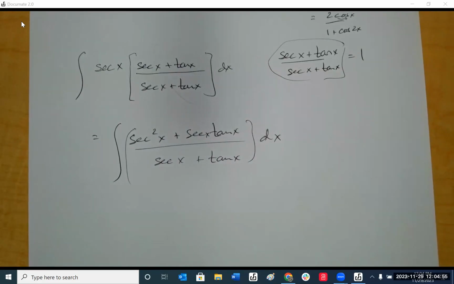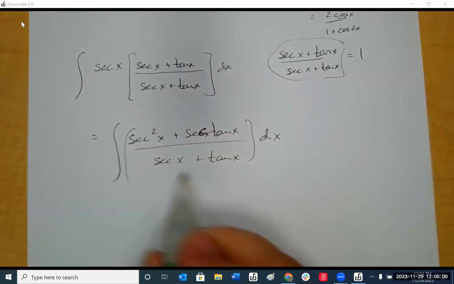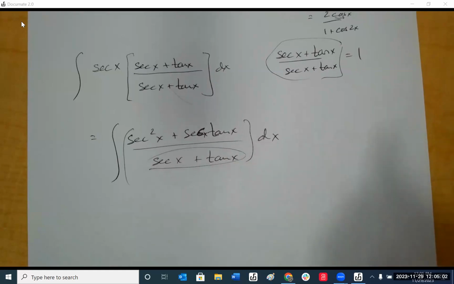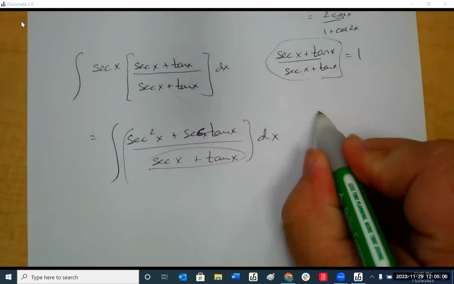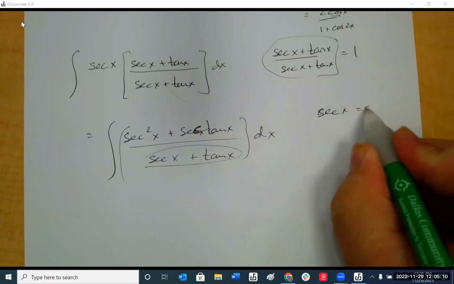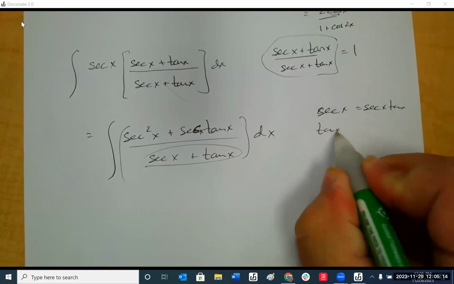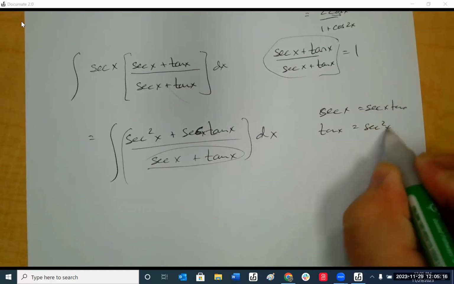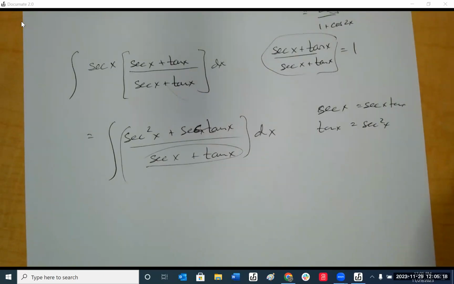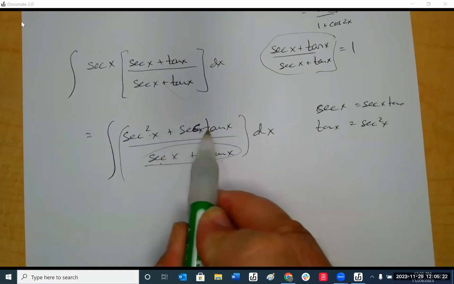That's why. The derivative of secant plus tangent. The derivative of secant is secant tangent, isn't it? Yes. Derivative of tangent is secant squared x. Yep. So the derivative of this equals this.